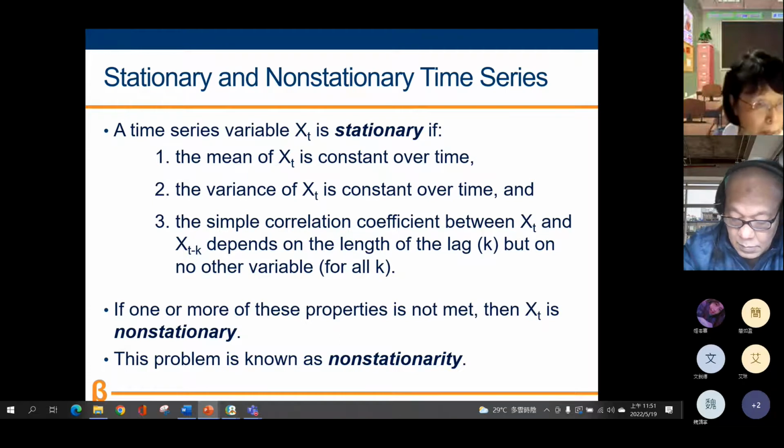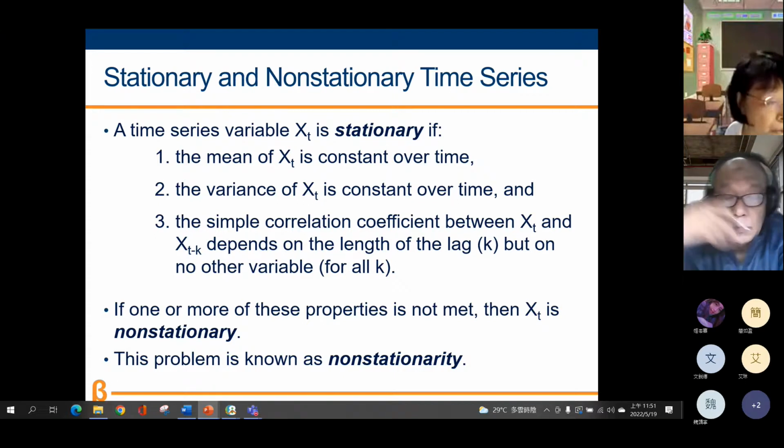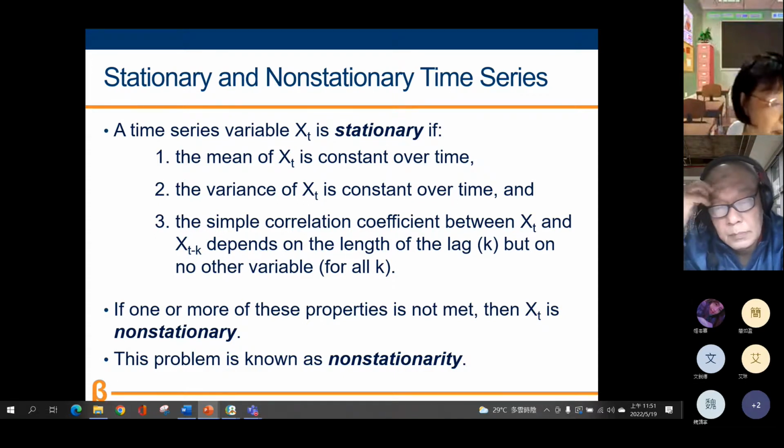I already mentioned that with spurious regression, you do have higher R square, and higher t values or F values. But unfortunately, these tests are not reliable. So this is the reason that we need to worry whether a time series is stationary or not.